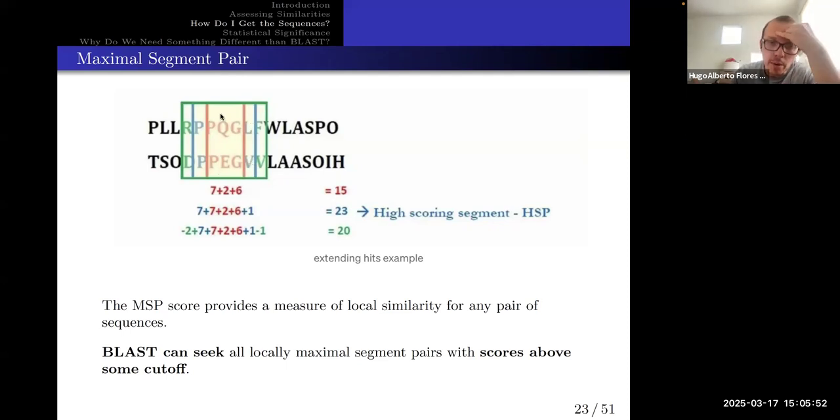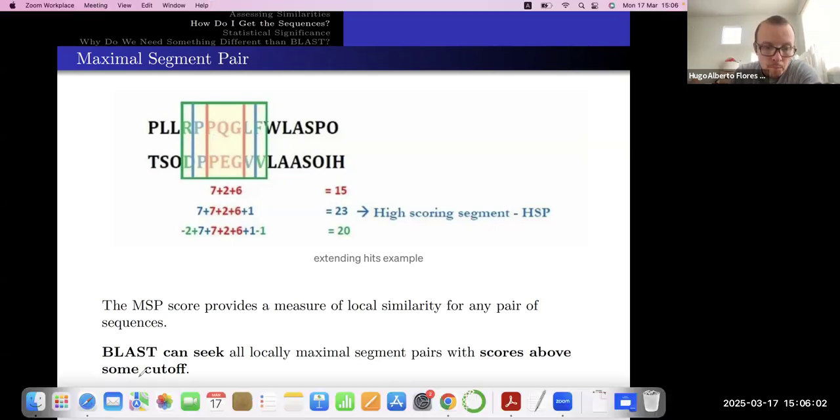BLAST can find this kind of pair very fast if you set something like a cutoff. So in the moment that you have a cutoff, BLAST can look for all the segment pairs, like the one that I discussed in the previous slide, that are getting some scores above this cutoff that you decide.